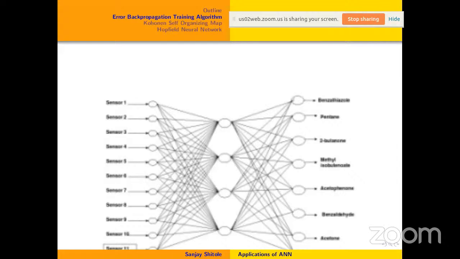Then second patient, 11 values, 8 output values, numerical values. Third patient, fourth patient, and let's say we have 1000 patients' data available in a spreadsheet.